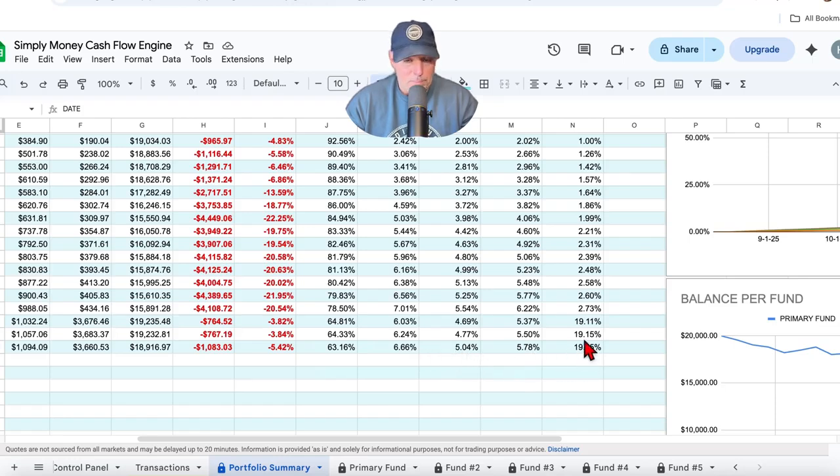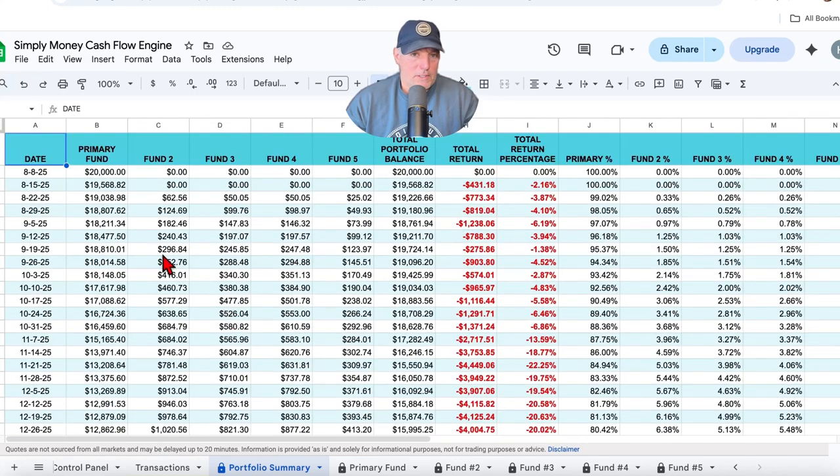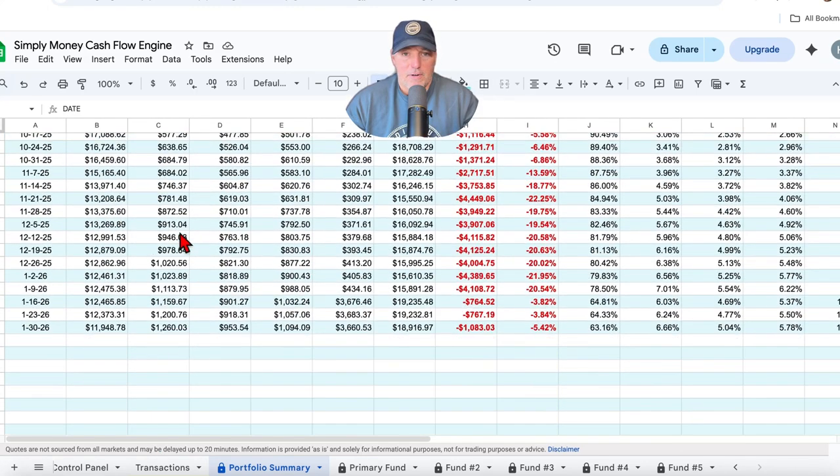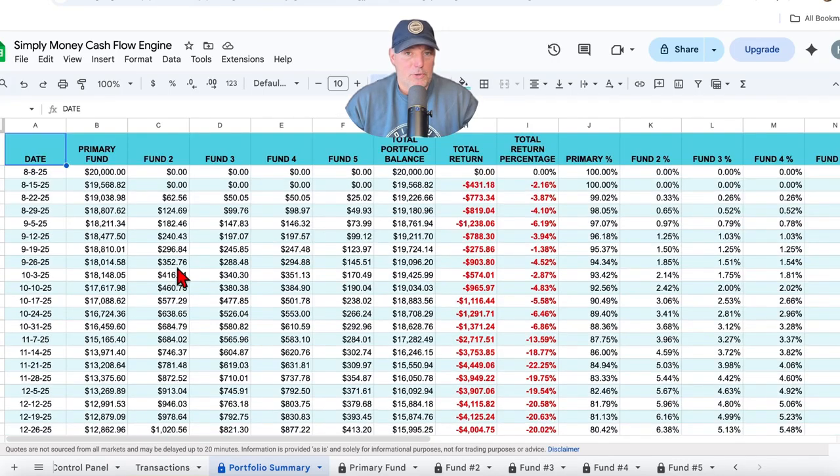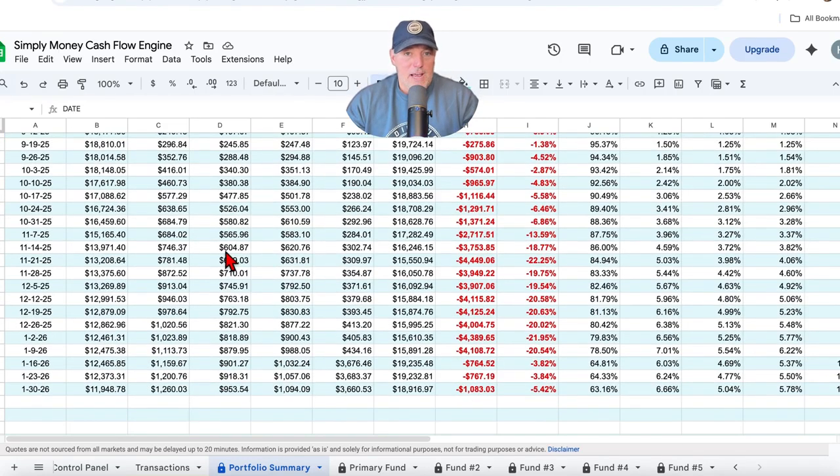And then because we bought into this SCHG, that brought that up to 20%. With Ulti in this time frame, you can see it's been very detrimental to your portfolio. And I wanted to show you this because this is what triggered this. People were like, I want Ulti and I want to take the cash and I want to roll it into other funds. And you can see what's happening when you do that.